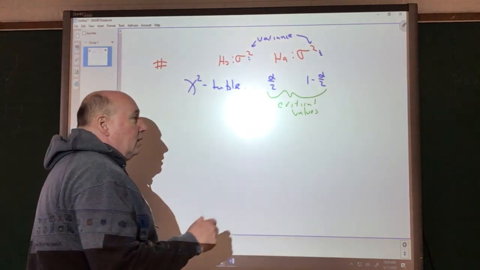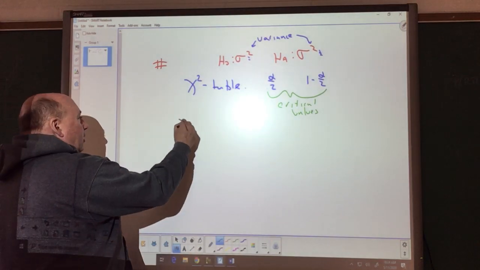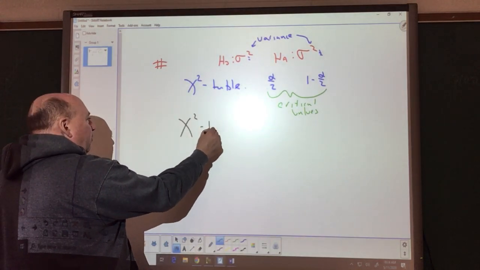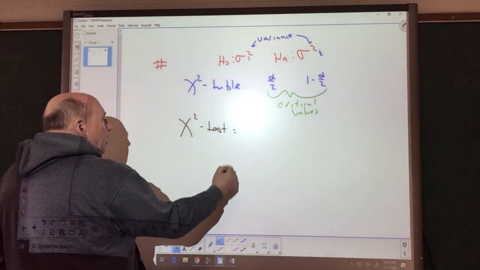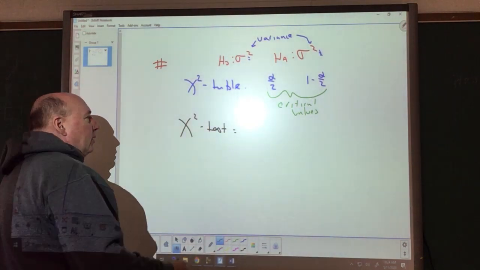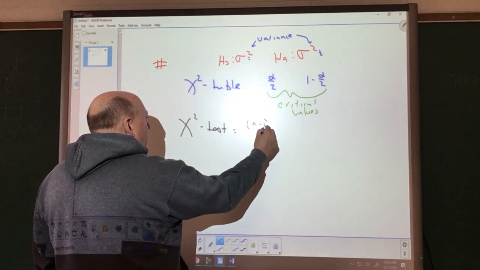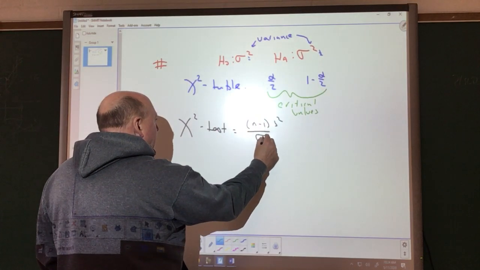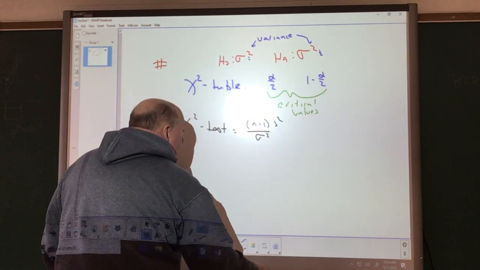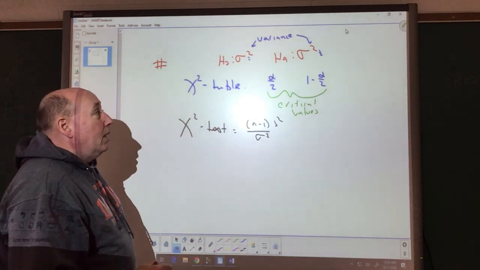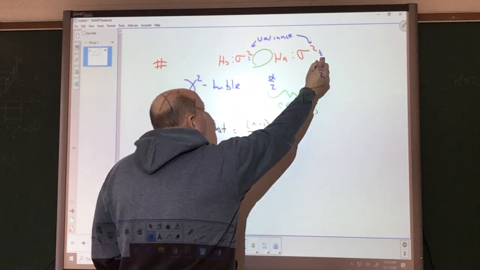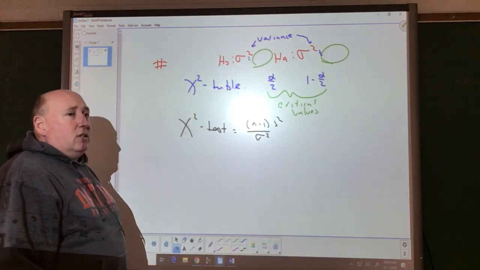The other thing with this is when you're dealing with the chi-squared test value, our chi-squared test value is n minus 1 times s squared divided by sigma squared. In this problem, you were already given these values.